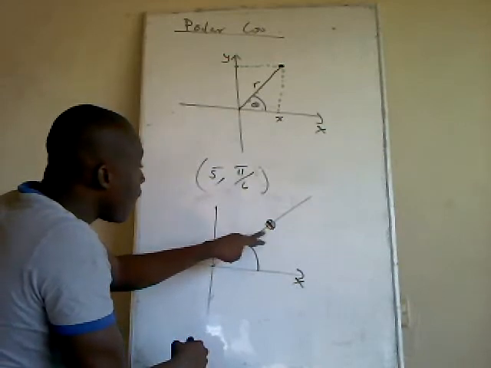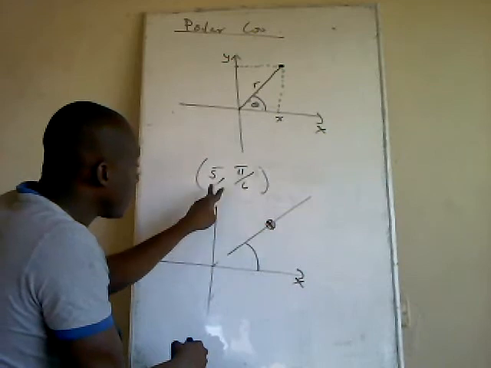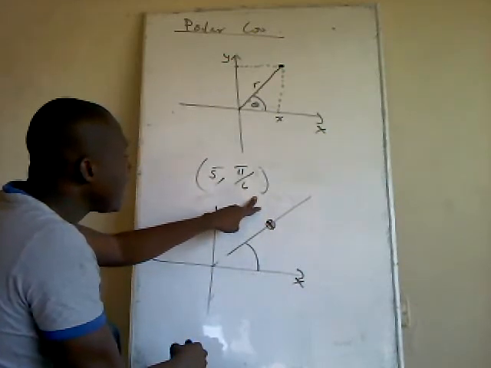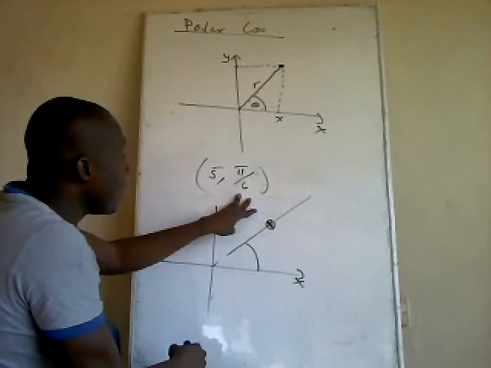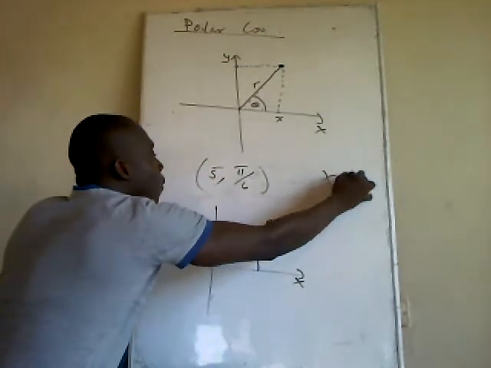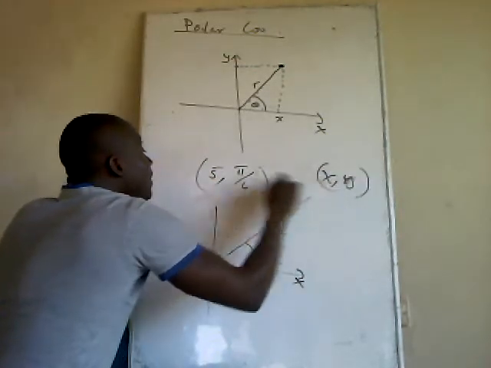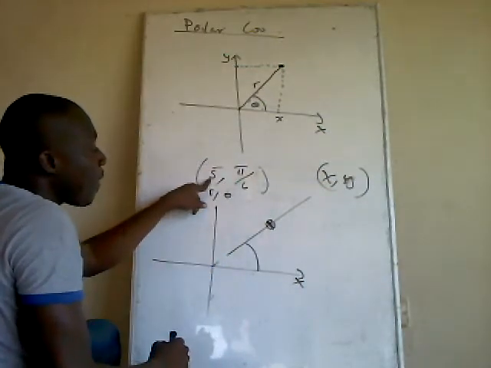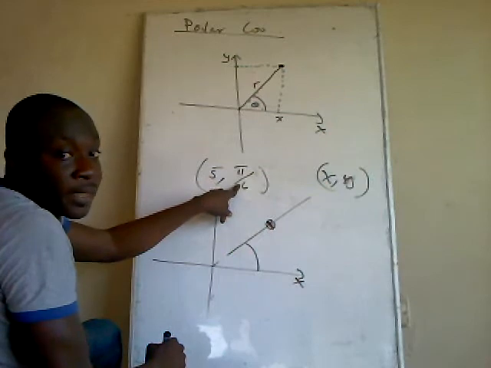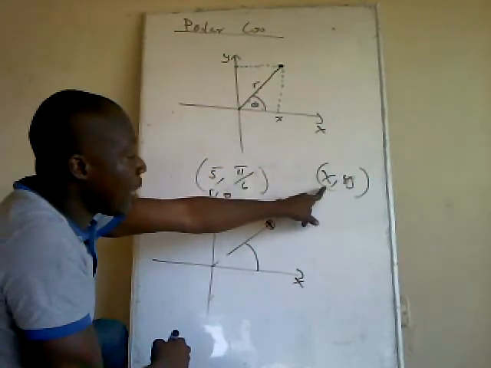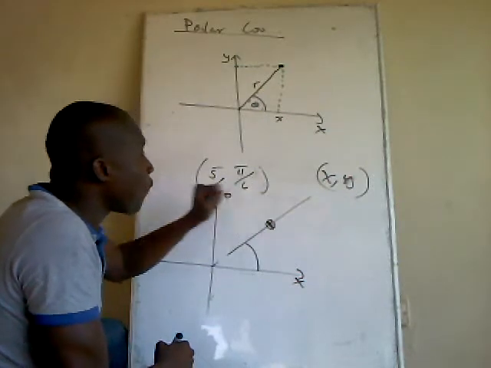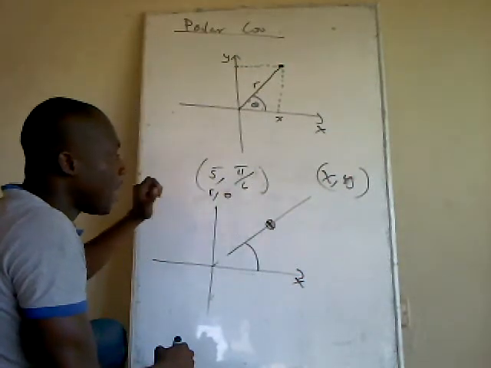Now if I want to convert this point, which is in polar coordinate, to Cartesian, then I know that in Cartesian, my parameters are x and y. Remember, in polar, the parameters are r and theta. So here r is 5 and theta is pi on 6. Once I can find my x and y component, I'm done.